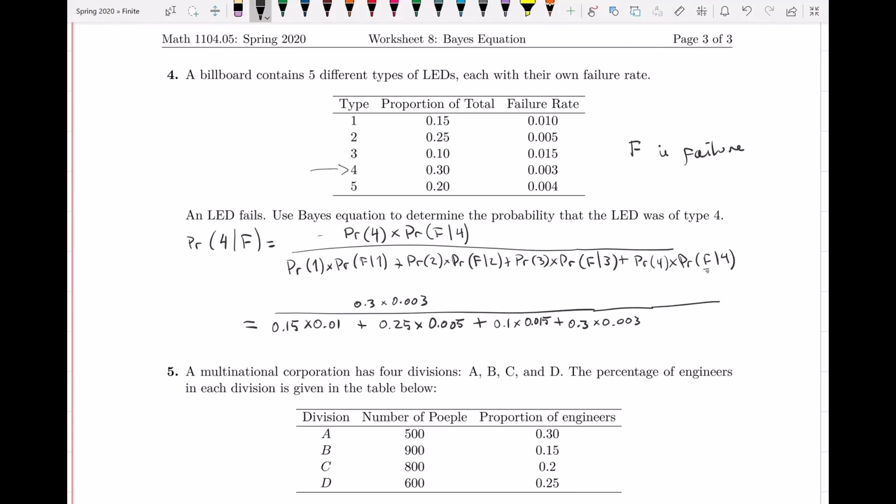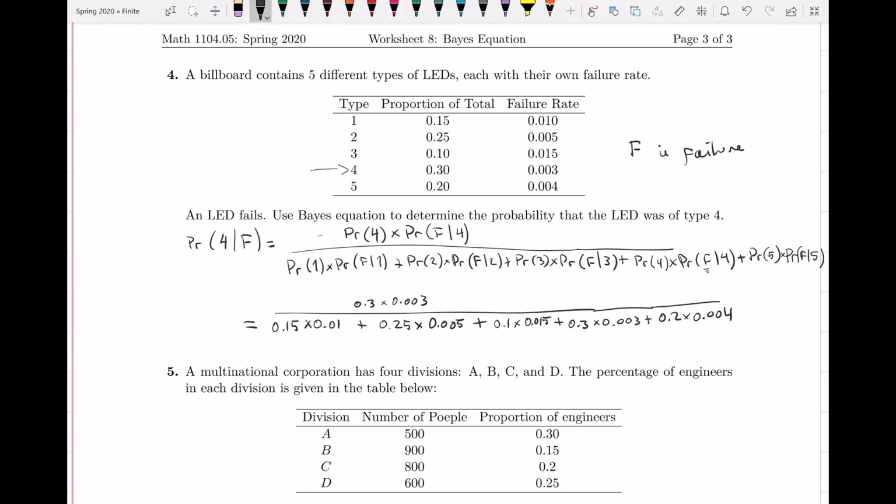And lastly, oh my goodness, I forgot it over here, the probability of being type 5 times the probability of failure given that you're type 5. That is 0.2 times 0.004.